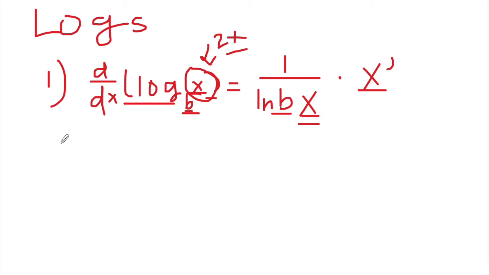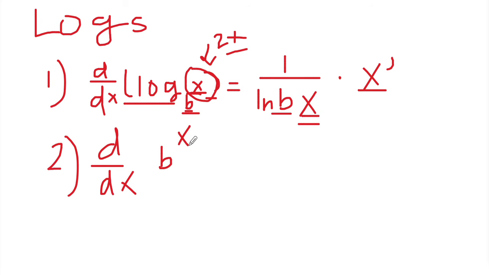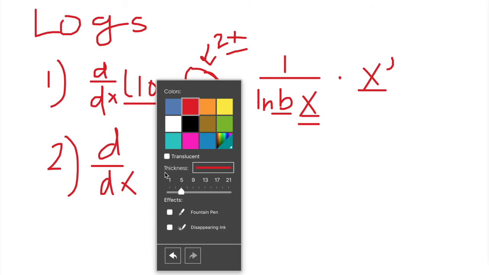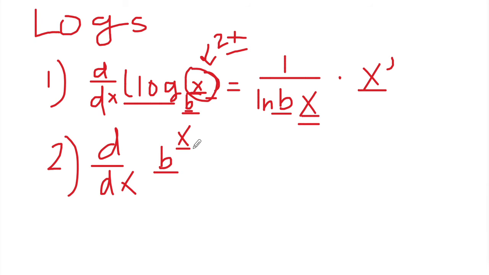All right? The second formula for this is d over dx of b to the x. So we are given b, and then we're raising it to a power of x. So if we have a value b, which is just a number, to a power of x, it's b to the x. It's kind of like e to the u times u prime.